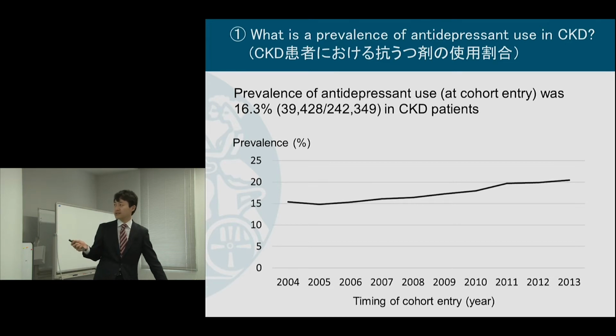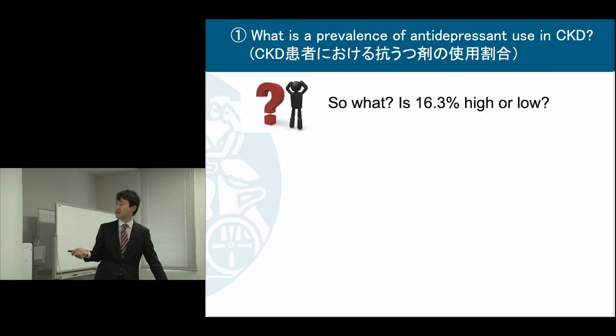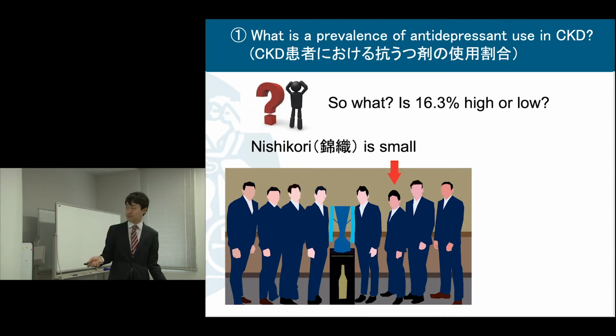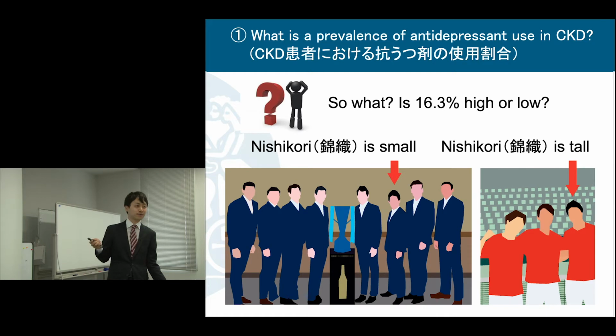So I felt like saying this is high, but the matter is I couldn't discuss whether this number is high or low because there is no comparison. So let me use an example. Nishikori. I often cheered for Nishikori, this is the London final at Wimbledon, and this is the Davis Cup between Japan and the UK.